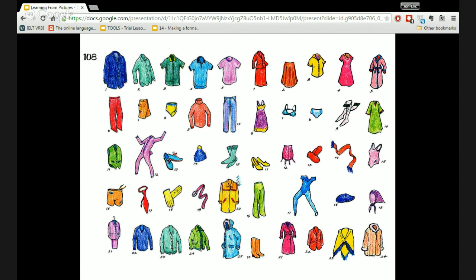In British English, we'll say trousers. Trousers. Right. I see. And 7. So short pants, half pants. Not half pants. Just shorts. Shorts. Excellent.